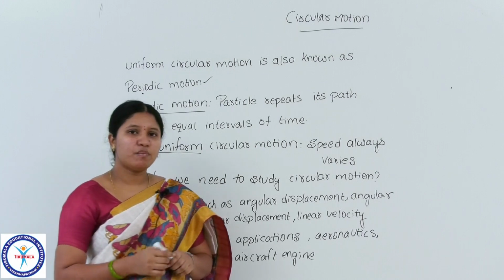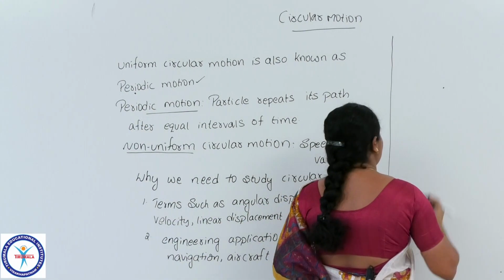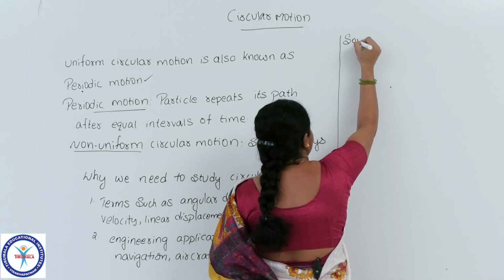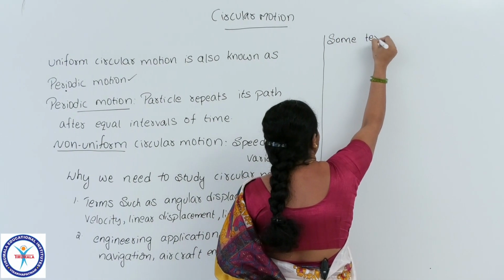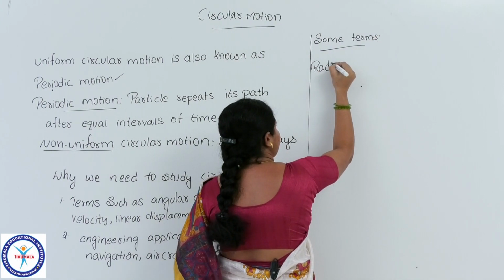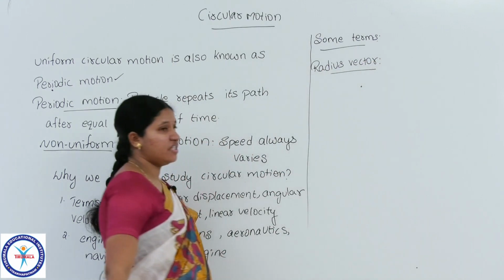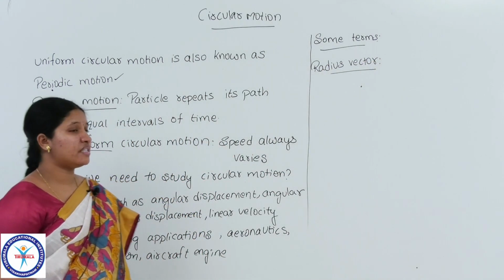Now let us see some more definitions, that is, some of the terms which affect the behavior of a particle. The first one is radius vector. So what is radius vector?